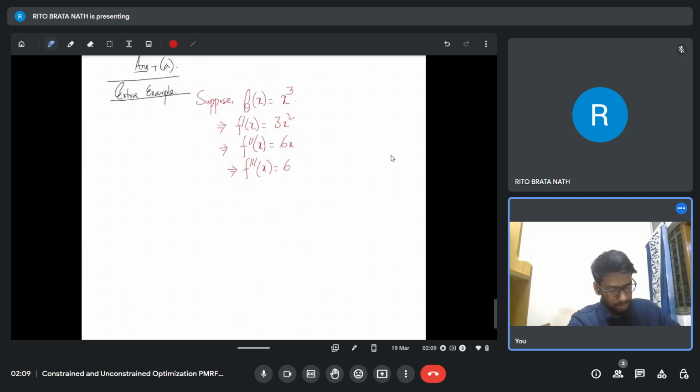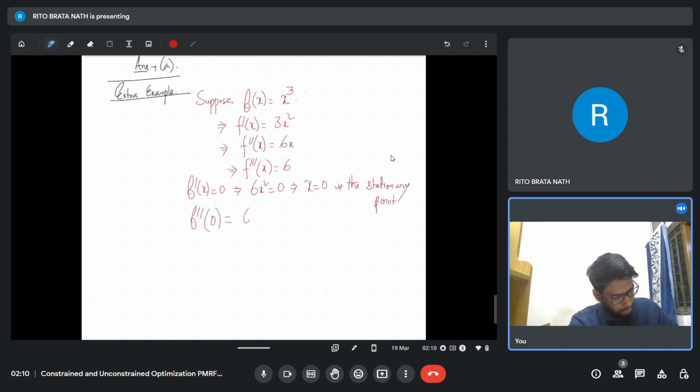Now, what you can do, f prime x you can set to 0, and that gives you 3x square equals 0, and x equals 0 is the stationary point. Okay, now f double prime 0 is also 6 times 0, which is 0. f triple prime 0 is 6, which is greater than 0.